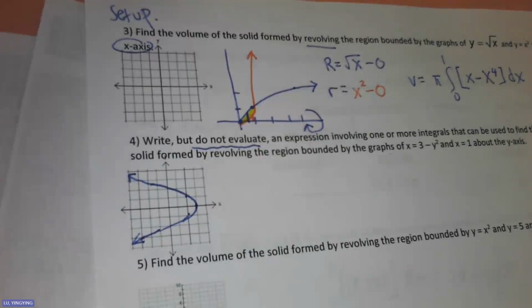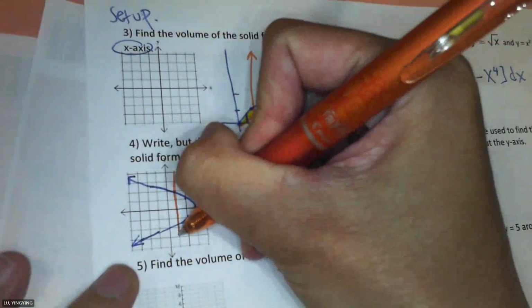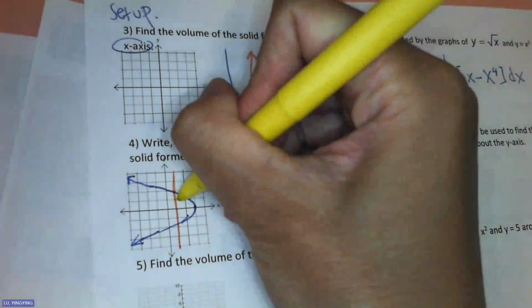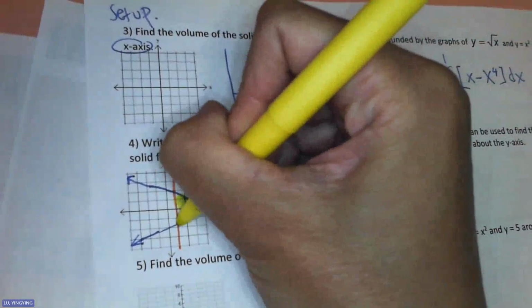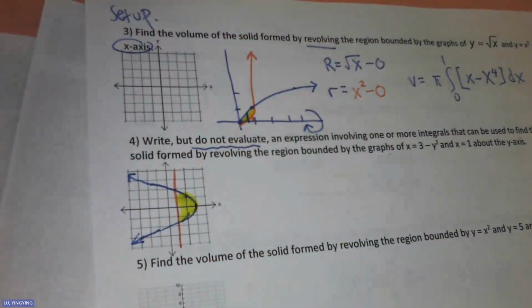We have this region bounded by 3 minus y squared. Also, x equals 1, which is the vertical line. Bounded by that, the area I recommend you shade or highlight is this, right? Okay, now here's the important part.